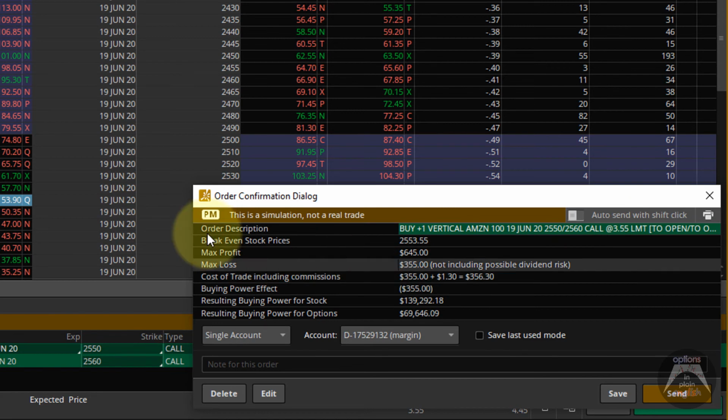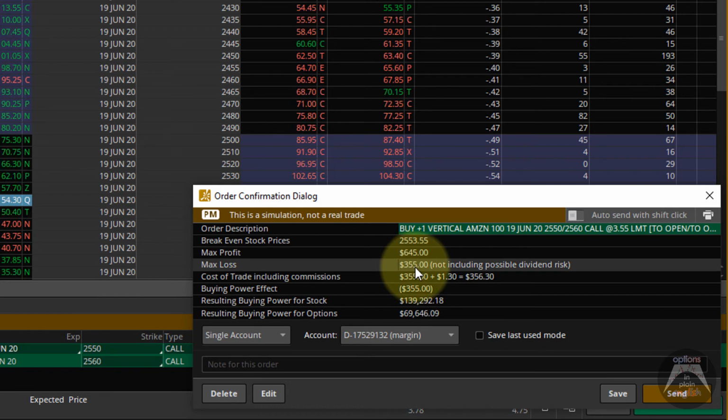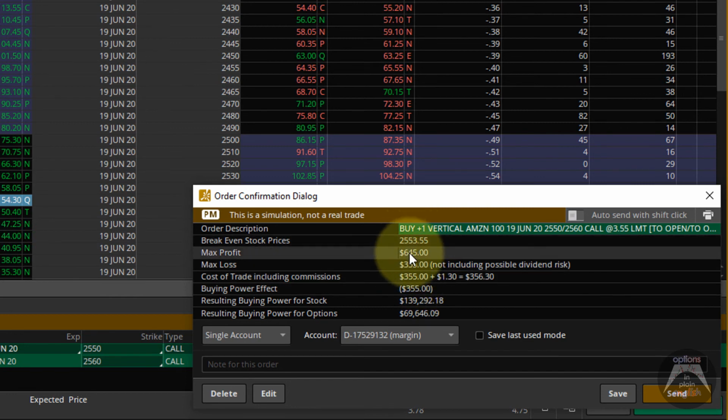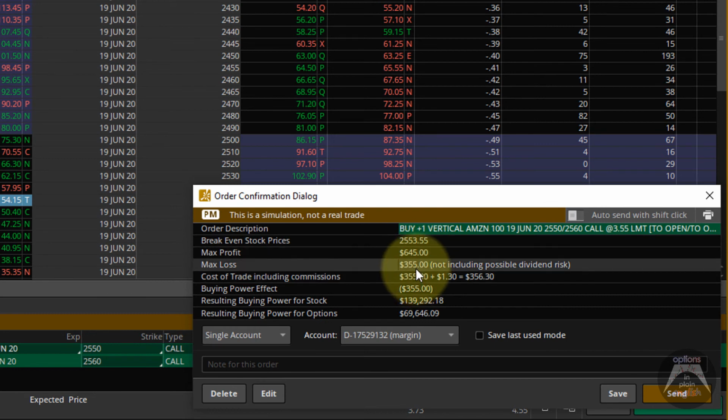We already went through that. The max profit is $645. So $10 minus 3.55 multiplied by 100 shares per contract. Okay. The break even is going to be 2550, the long call strike price, plus what we paid for it.